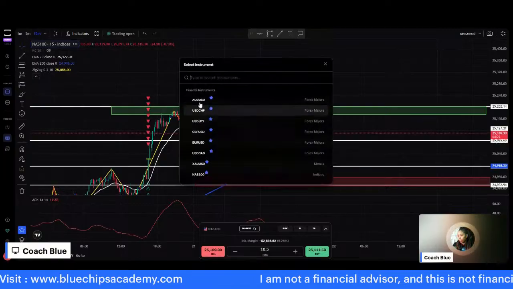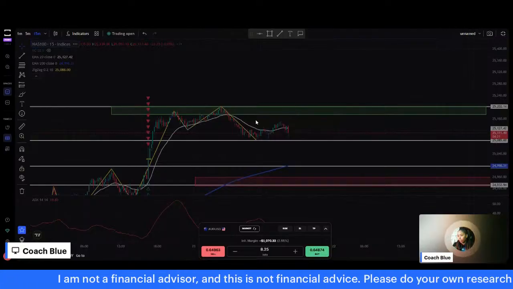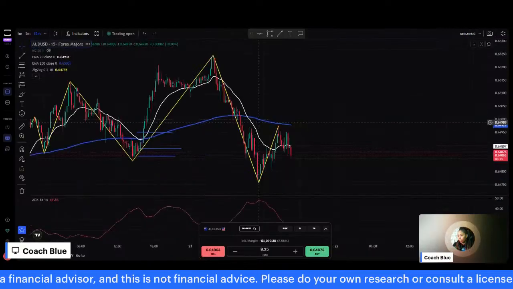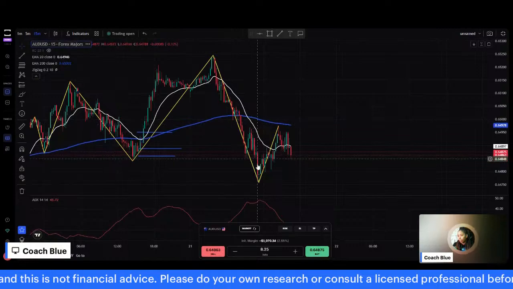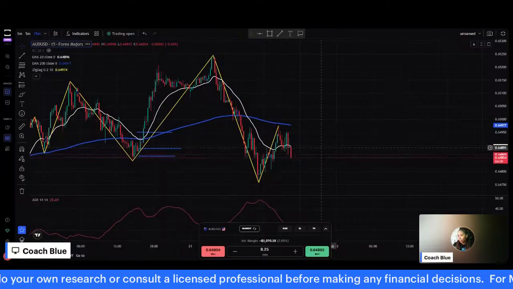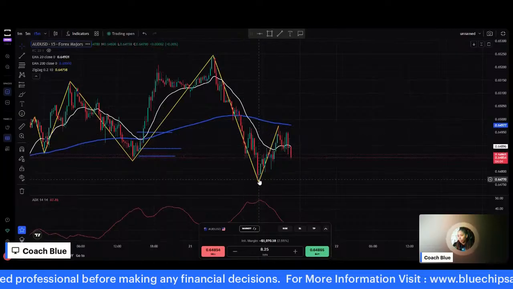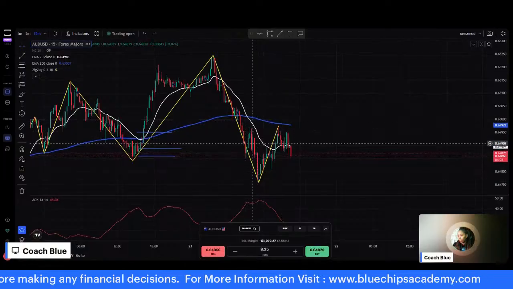When the 20 crosses on the 15-minute chart, take your trade. We had a nice crossover here. Boom, zero. Whatever your take profit is, take the profit. If you're in the academy, we already know what percentage levels we're looking for, but that's what's going on with this.